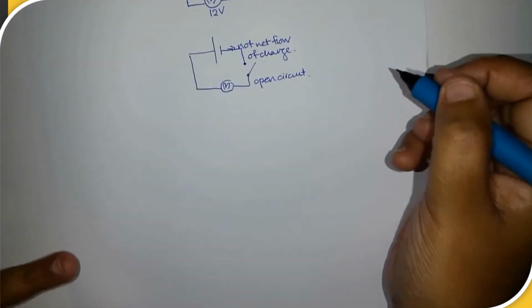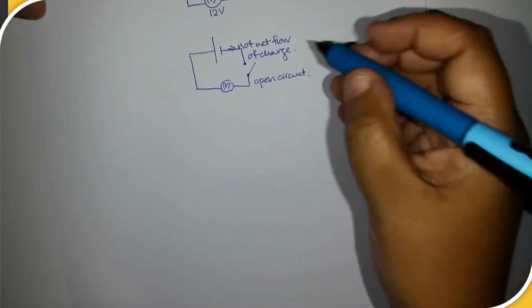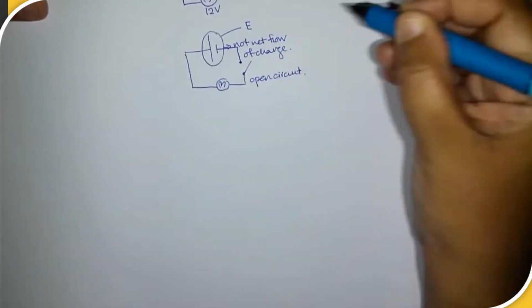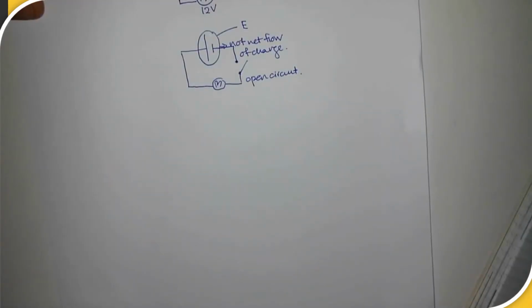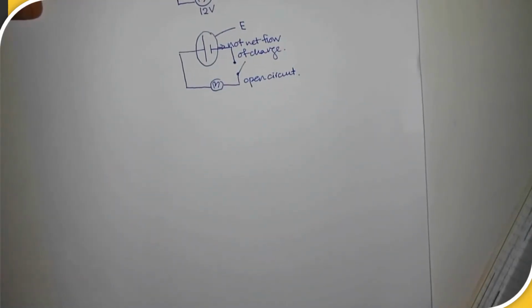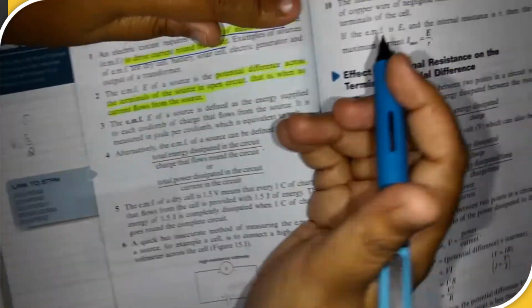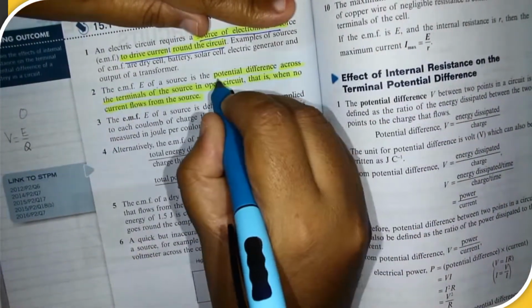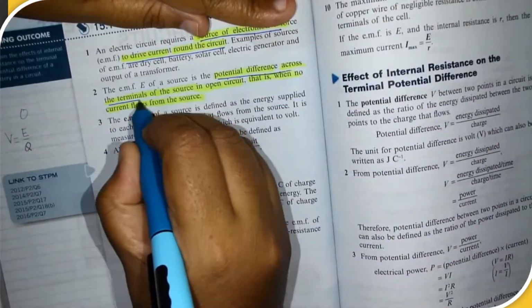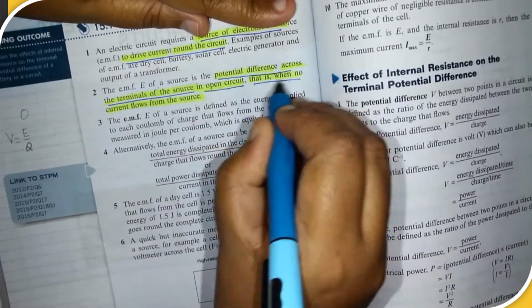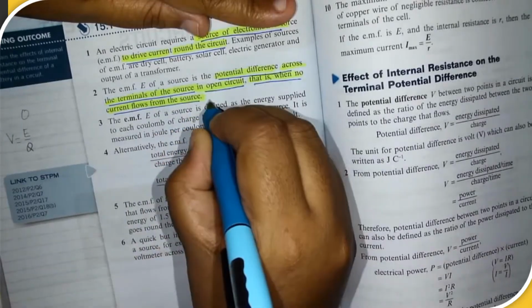Then what happens, class? The EMF of a source, which is E, is the potential difference across the terminals of the source in open circuit. That's what the book says in the second statement: that is when no current flows from the source.